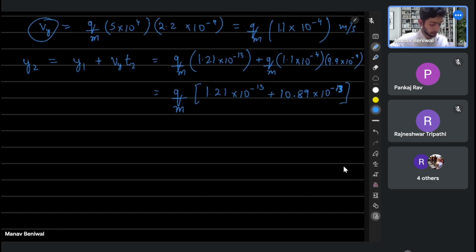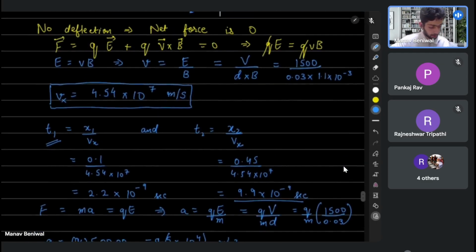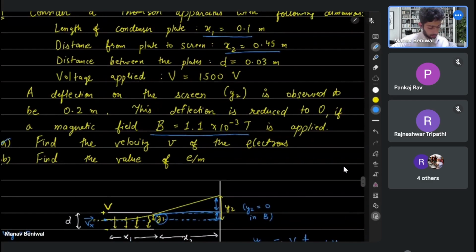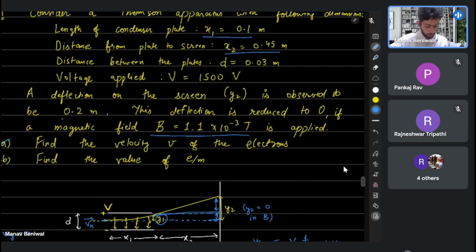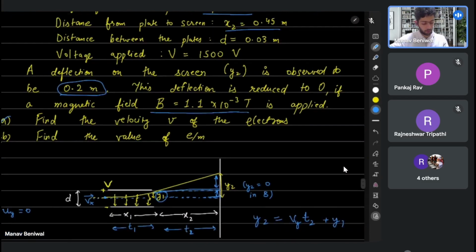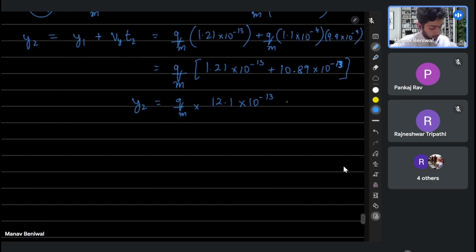Okay, and adding these two, we'll get q over m multiplied by 12.1 into 10 to the power minus 13. This is y2, and y2 is given to us here, 0.2 meters. So we can just equate it to 0.2. So our q by m ratio will then be 0.2 divided by 12.1 into 10 to the power minus 13.